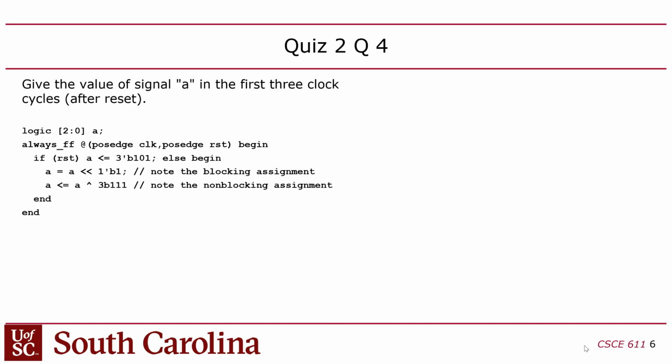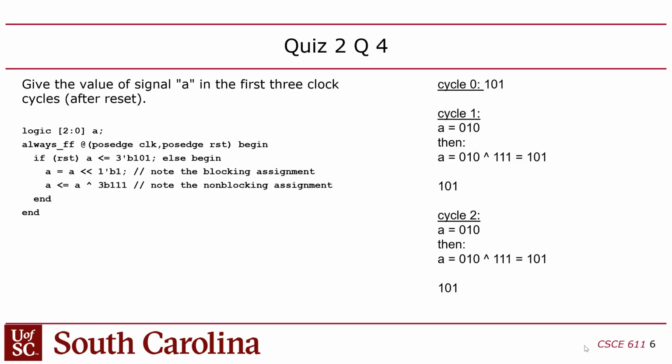Okay, give the value of signal A in the first 3 cycles after reset, so very similar question. This one starts out with a reset of 101, and now here we're combining a blocking and a non-blocking assignment, which is something I told you shouldn't do. But you can do it, as long as you're not using Verilator, apparently, as I recently learned.